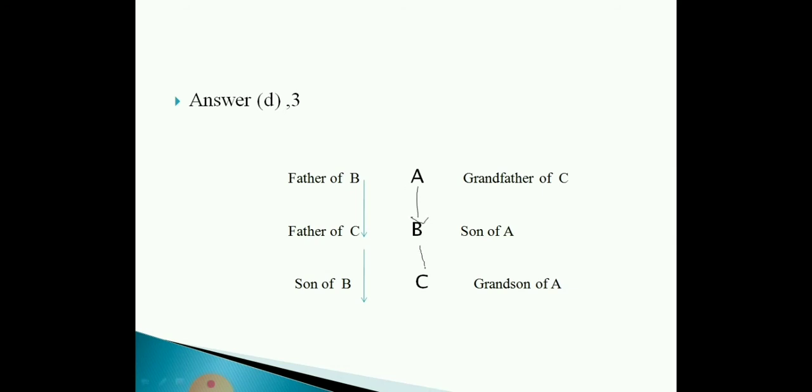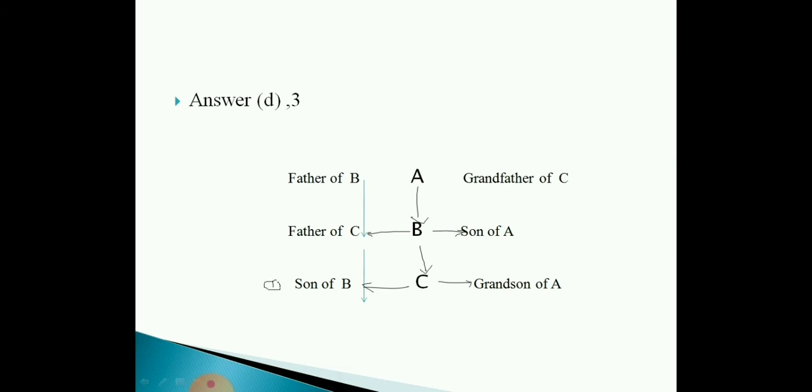A is the father of B and B is the father of C. C is the son of B and B is the son of A. A father, his son and his son.